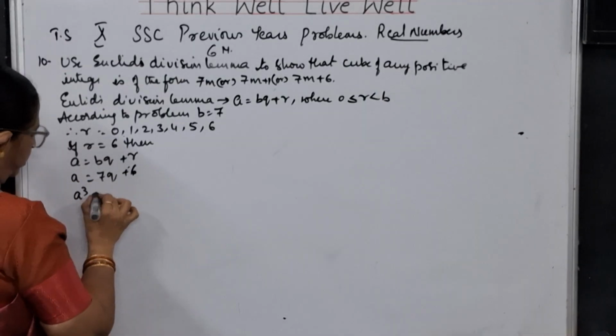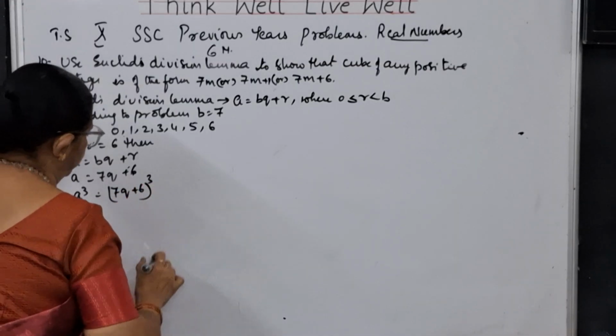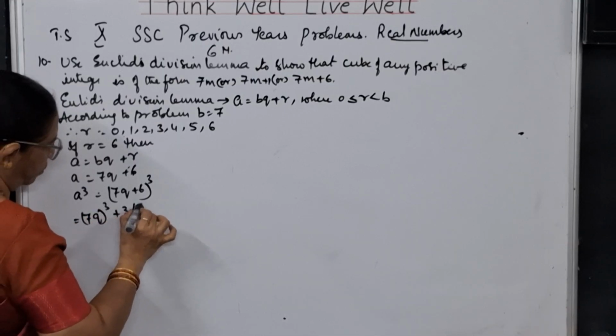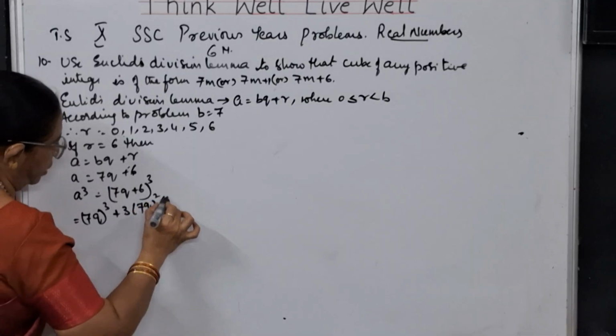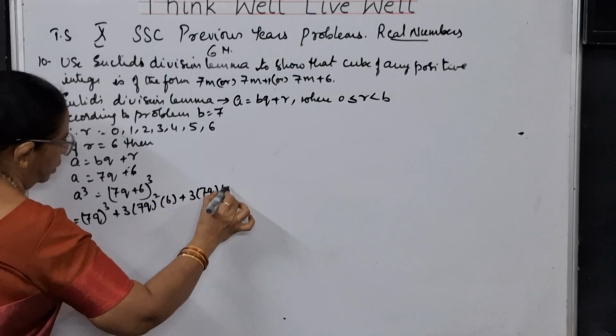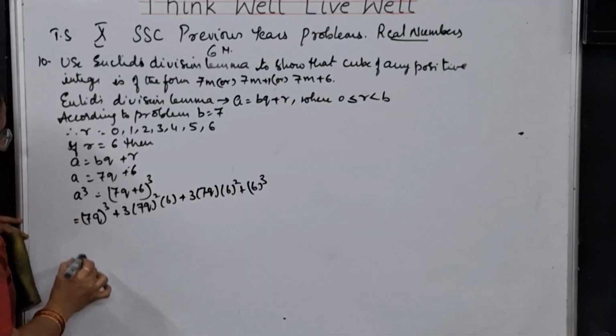So a cube is equal to 7q plus 6 whole cube. That is equal to a cube plus 3 into a square into b plus 3 into a into b square plus b cube.